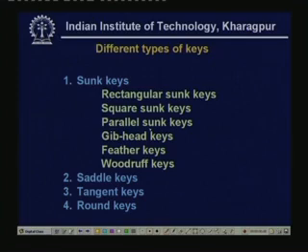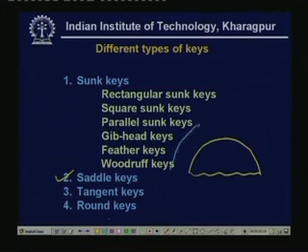One is the saddle key. Here, suppose this is one shaft, part of the inner shaft, and let me draw the outer shaft. This is the outer shaft.